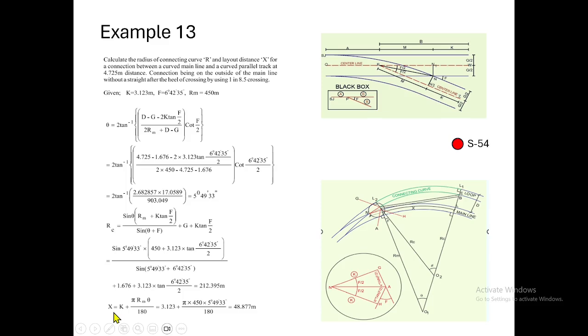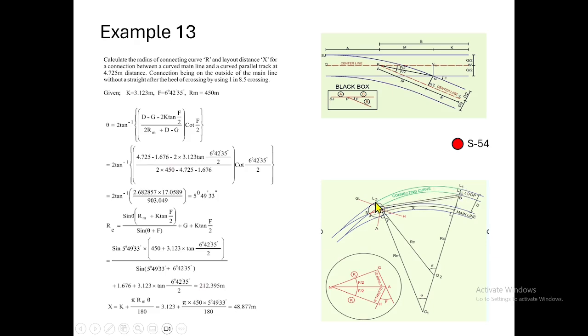Then subsequently we find the x distance, that means from TNC to the tangent point along the main curve, inside curve, outer rail. We have to measure that distance, tangentially and vertically, which determines the tangent point of the connecting curve.